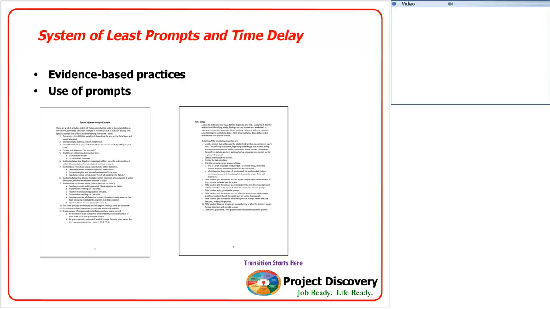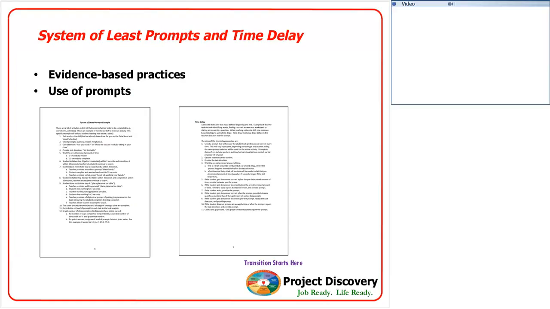Okay, so there's two different types of prompting procedures that we've suggested the teachers use. And you don't need to be able to read this when you get your binders. It's in there. Is it also on the CD, Shelley? Yes.